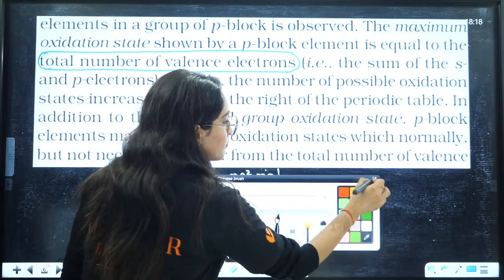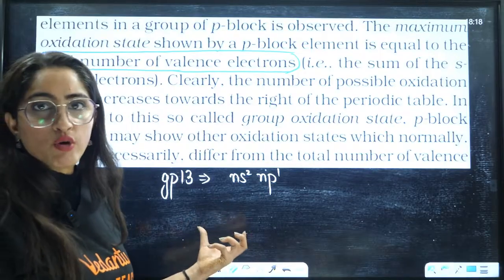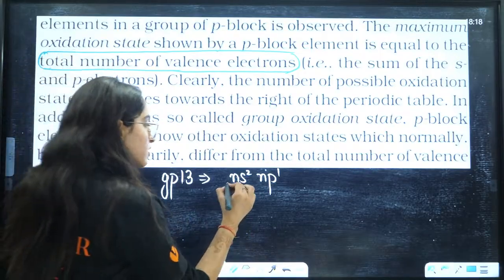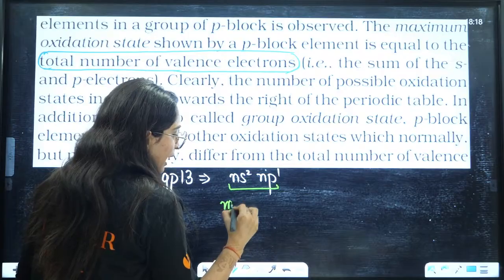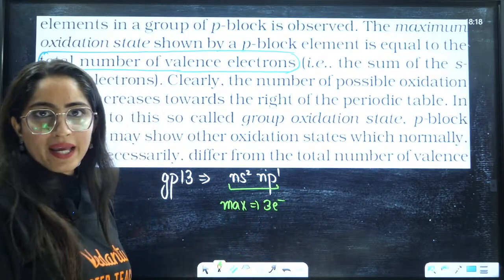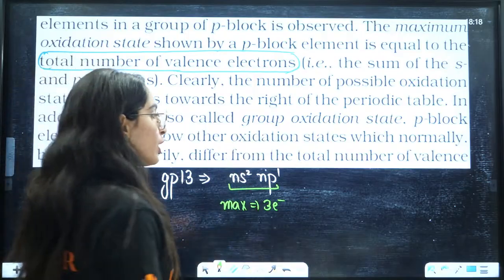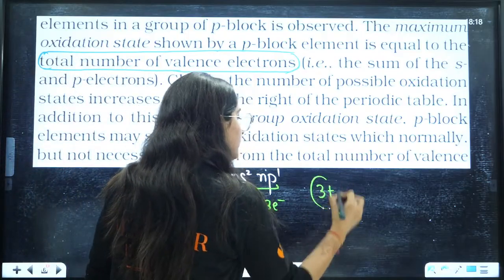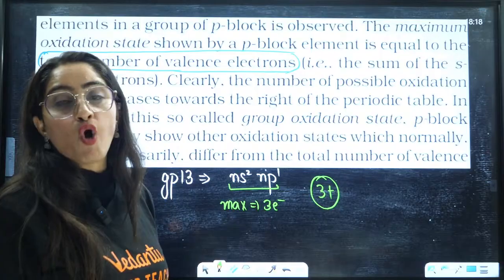So maximum how many electrons are there in the valence shell? This is the valence shell. So maximum electrons are 3 electrons. That is why in group number 13 you will see 3 positive is the charge on the ions.